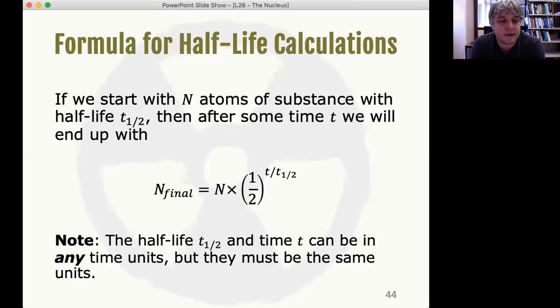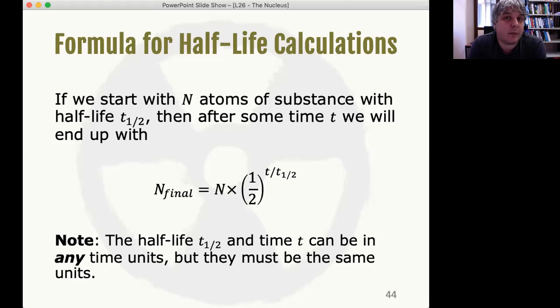This is not the ones that have decayed, this is the ones that are left, being the original number of atoms times a half to the power of T over the half-life. It's a little bit of a complicated formula because we've got an exponent that's not a whole number, it's T over the half-life. So you rely on your calculator to figure that out, but you certainly can use this.